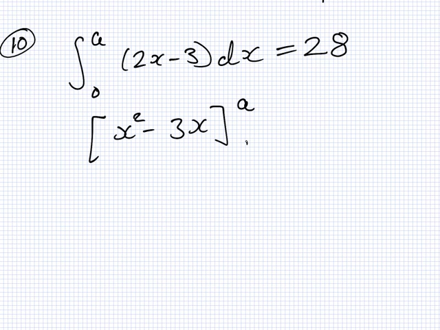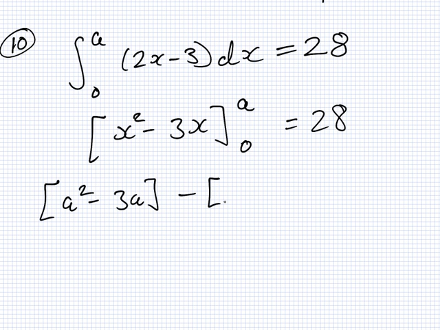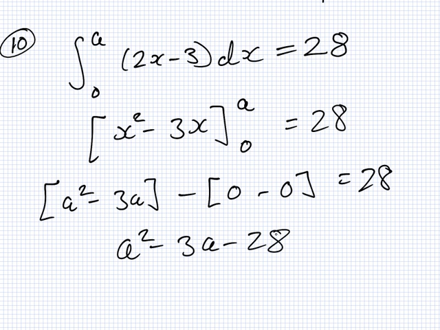And the limit, that's going to be 28. So that means a squared minus 3a minus 0 minus 0 should equal 28. So that means a squared minus 3a minus 28 equals 0. So, what's that going to be now?